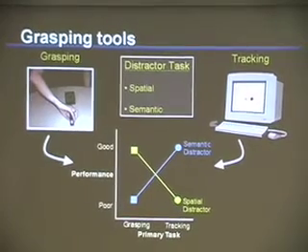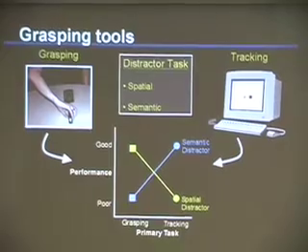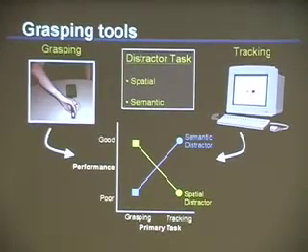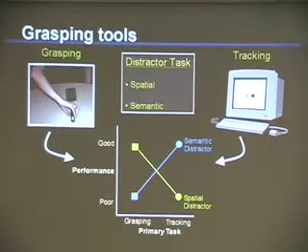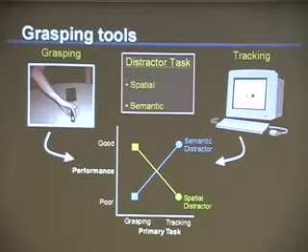So we were primarily interested in the grasping, but we wanted to introduce the second visual motor task that didn't involve semantic processing. This convinced us more that there seems to be some semantic processing involved in grasping tools by their handles in an appropriate way.